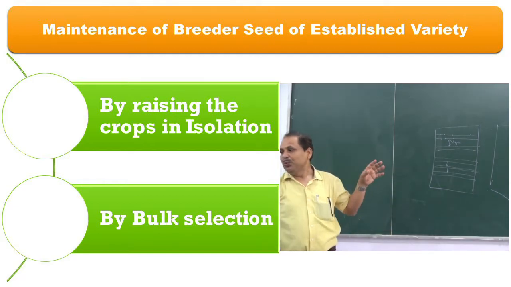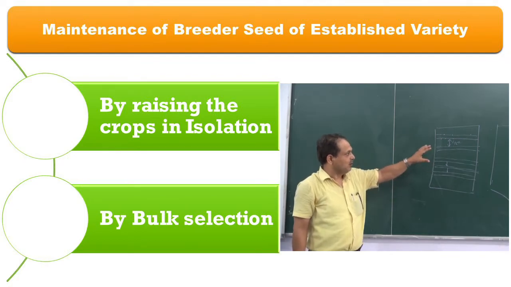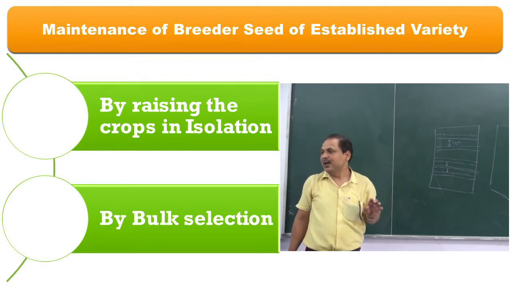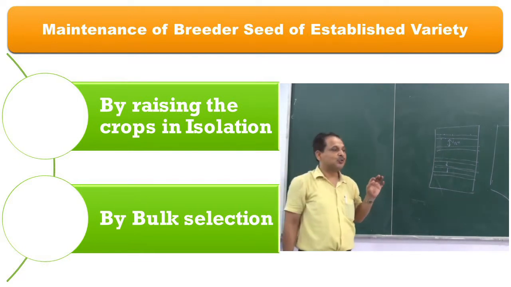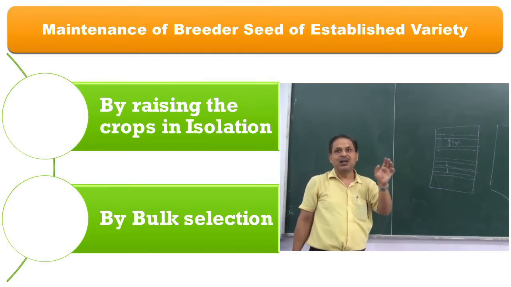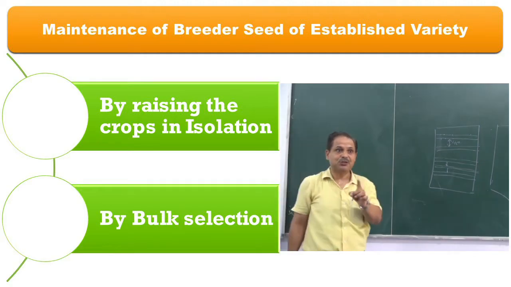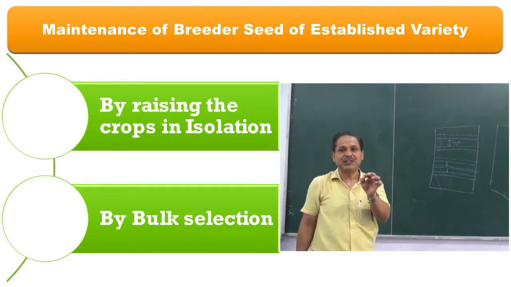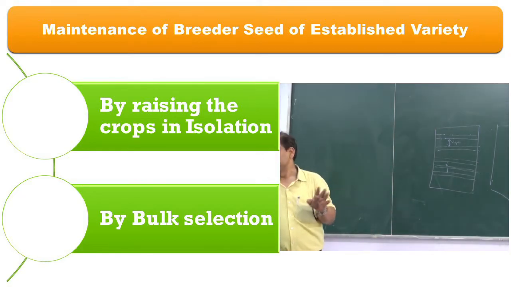So this way we grow the double row plots in 4 blocks, and then proper isolation is applied. It must be isolated from other crops of the same species. The species should not be the same. So proper isolation is done.